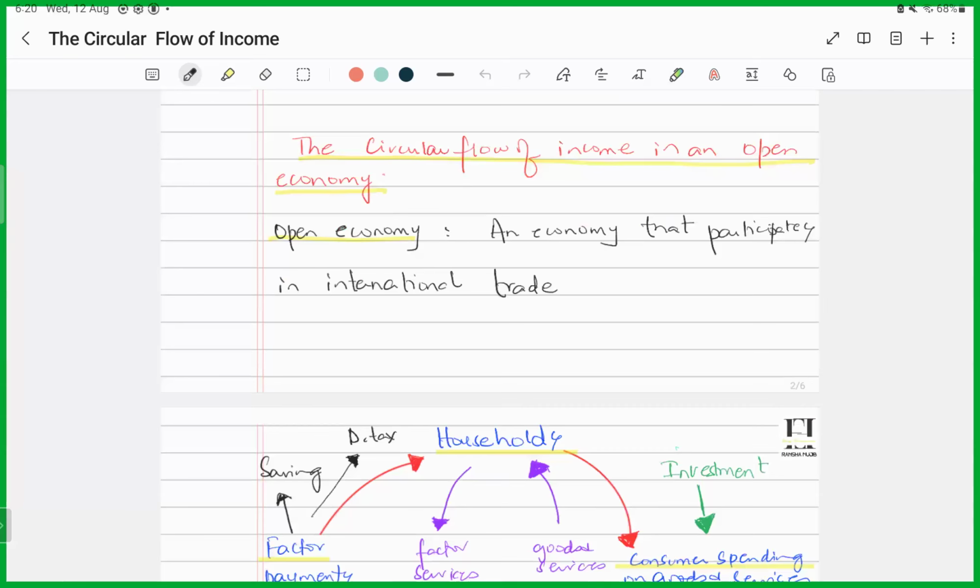An open economy is an economy that participates in international trade. So when we are talking about international trade, what should be included in our circular flow of income? Exports, imports, government. So when we are including exports and imports, there would be other elements as well.